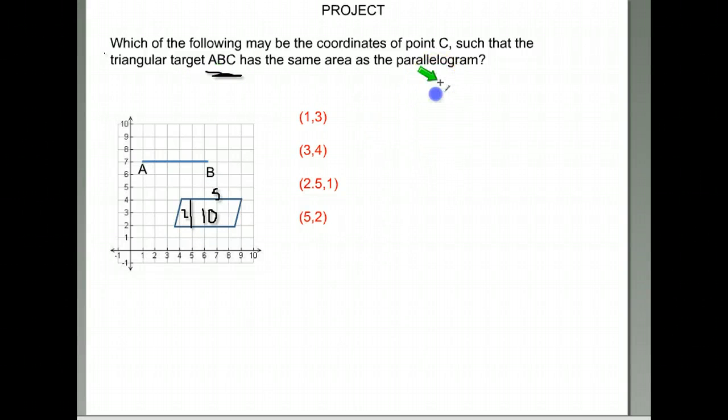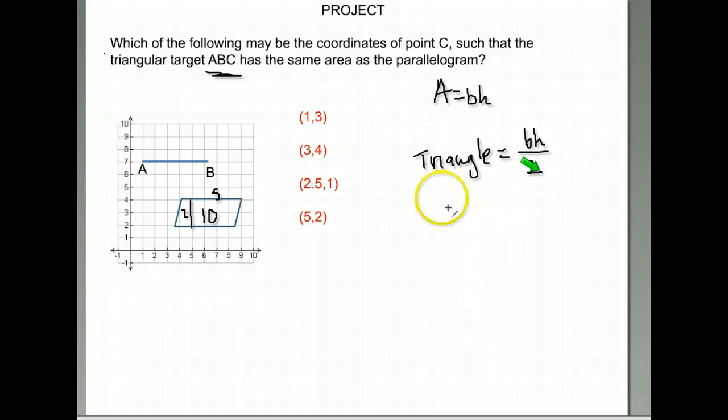The parallelogram's formula for area was just base times height. But when you think about a triangle, its area is the base times height divided by 2. Right now, our triangle, which we haven't formed yet, has a base of 5, just like our parallelogram. So what would its height have to be to come out with the same answer?